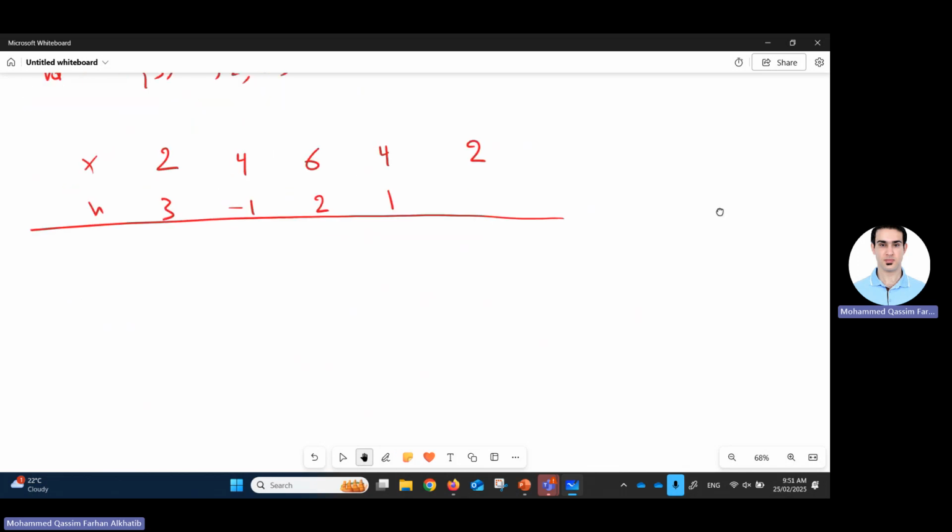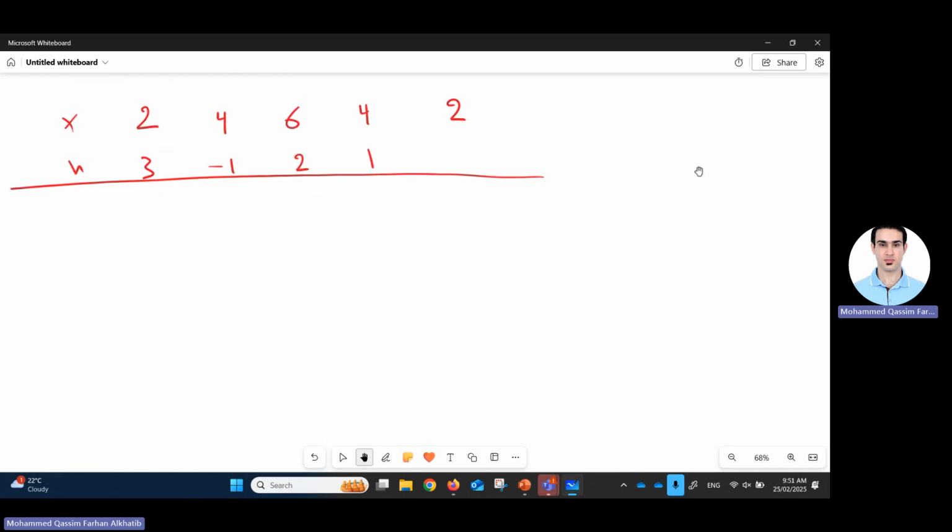Okay, so let's do multiplications. 2 times 3 is 6, 4 times 3 is 12, 6 times 3 is 18, 4 times 3 is 12, 2 times 3 is 6. Now we'll shift another space and multiply by negative 1: negative 2, negative 4, negative 6, negative 4, negative 2.